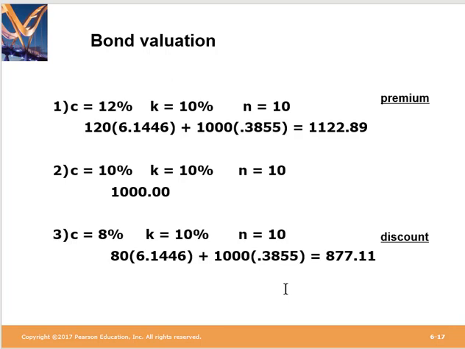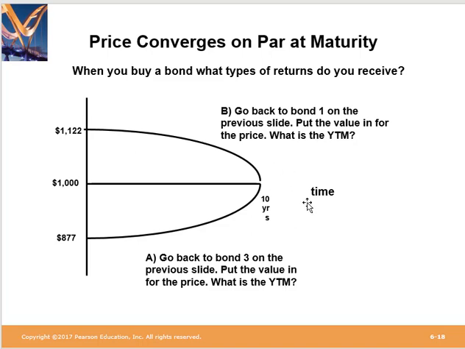So, what does this mean, or what's the purpose of this discussion? Well, let's look at what happens to a bond. The third bond we talked about there was selling for $877. If you bought it today for $877, what I suggest you do is go back to the bond valuation spreadsheet, input the data for this bond, and put in there a price of $877.